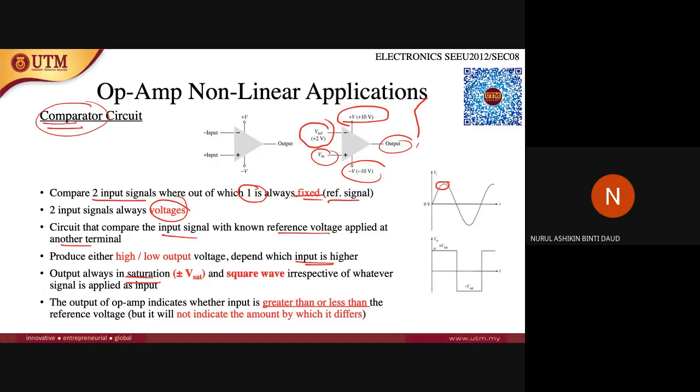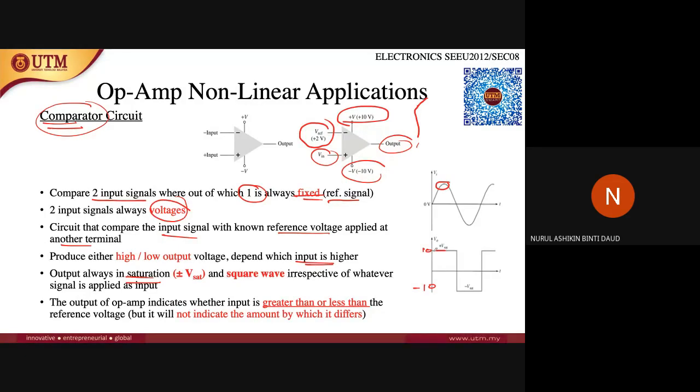So it will be limited at 10 volts. Maximum it can go up to 10 volts, and the minimum it will go to minus 10 volts. So the function of this DC supply is to limit the output voltage, which makes the output always stay in saturation mode.